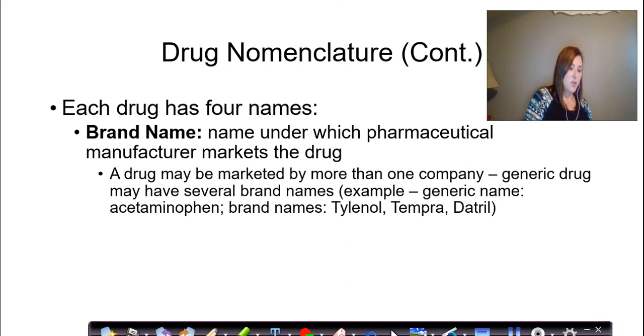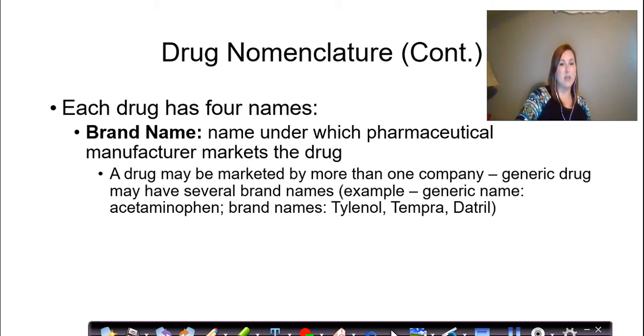All of that, the official name of the drug and all of those standards to regulate, help set standards for the safety of that medication. Okay, so the brand name is the name under which the pharmaceutical manufacturer or company markets the drug. It can be marketed by more than one company, so a generic drug might have several names.